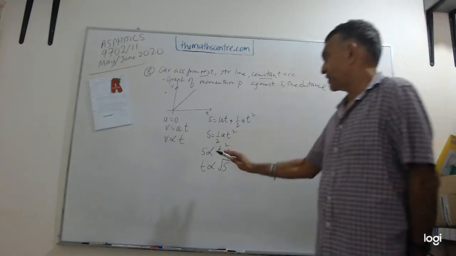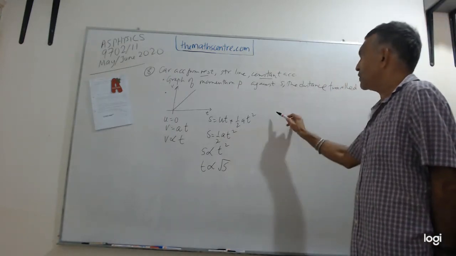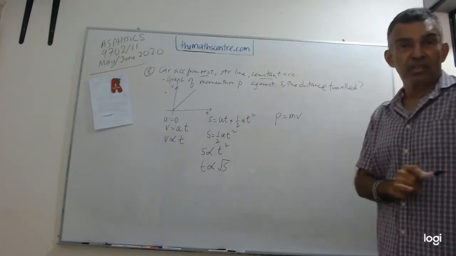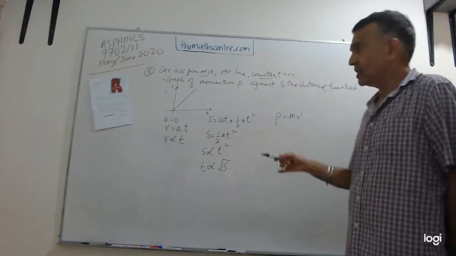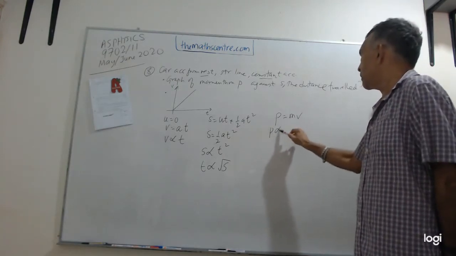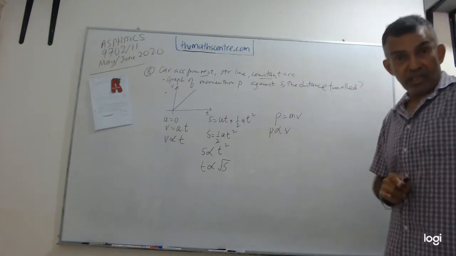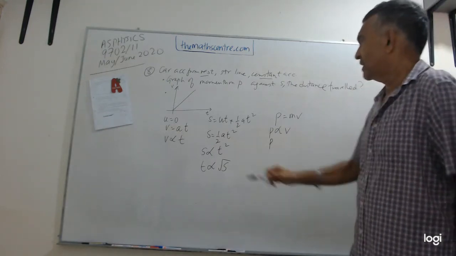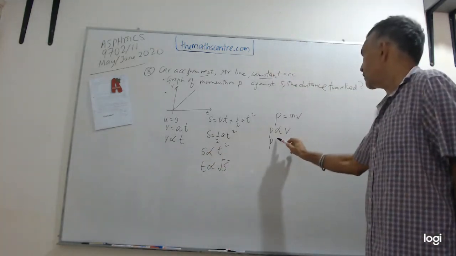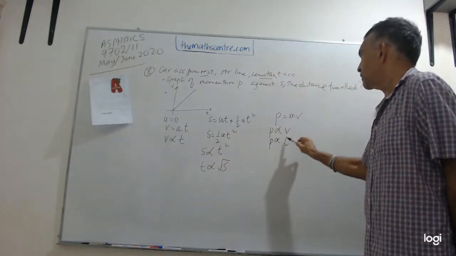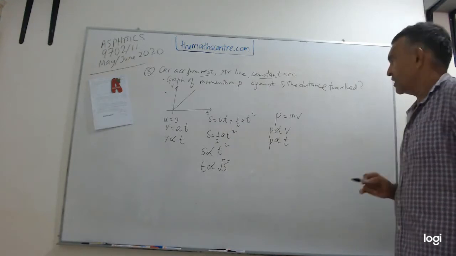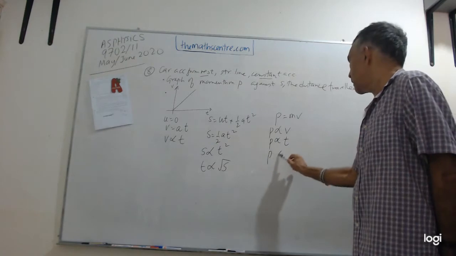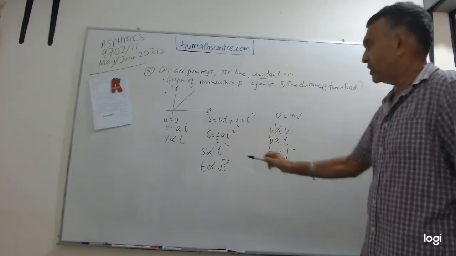Settled. Now we've got all this out of the way. We also know that momentum is mass times velocity. The mass is constant, so P is proportional to V. What we said earlier, that V is proportional to T, so we can write P is proportional to T. And we said T is proportional to what?